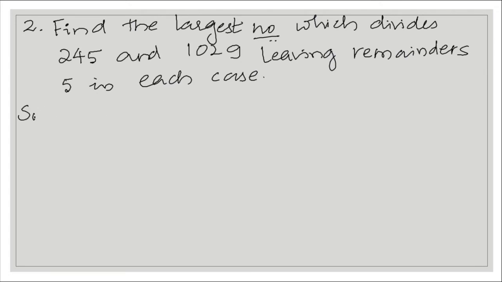Just observe the solution. They have given that remainder in each case is 5.